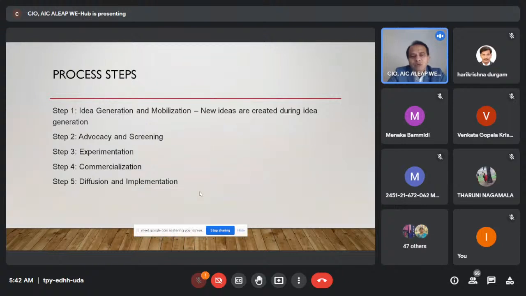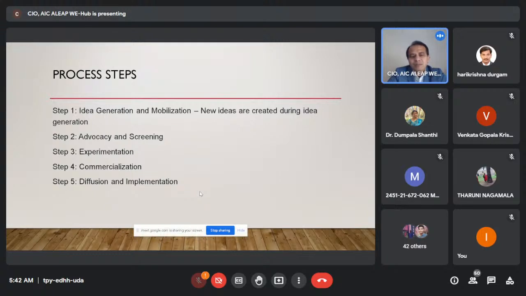So we have to advocate and screen that. Advocacy is nothing but you have to work upon the authentication check or the possibilities and then take it further to the experts. The experts have to advocate and your idea should be screened by the experts.